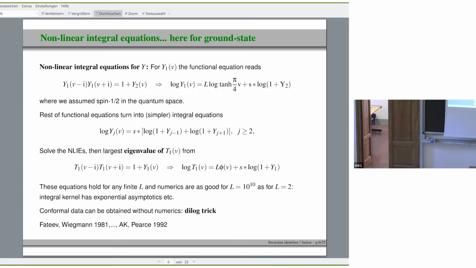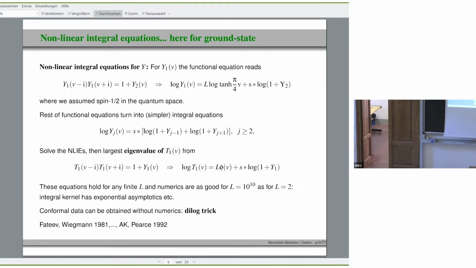Now, if we only knew y2, we could calculate y1. But there are many of these y's, and for the other y's, a similar transformation of the functional equation into an integral equation gives this result. Log of y sub j is a convolution of the kernel S with the logs of the other 1 plus y's with shifted indices.